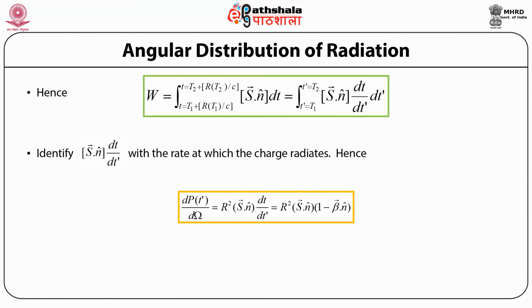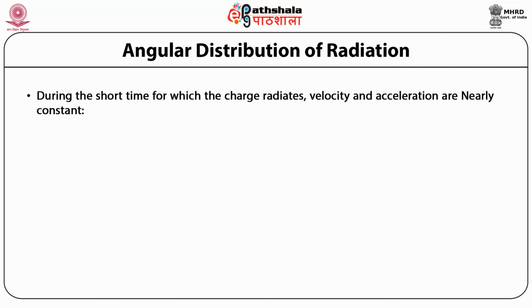If the charge is accelerated for a short time, during which beta and beta dot are essentially constant in direction and magnitude, now far away from the particle, n cap and beta are also constant during the period of acceleration.